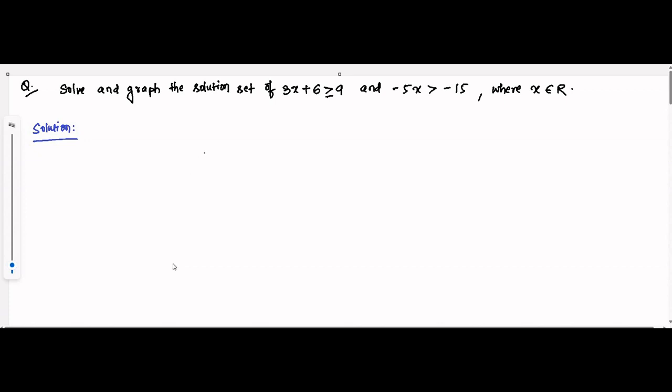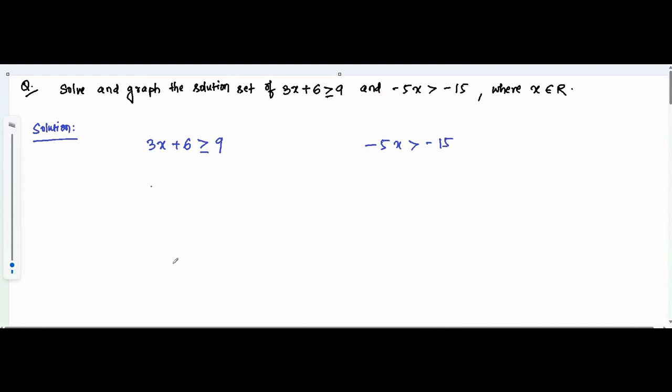So here directly it is given there are two linear inequations. The first one is 3x plus 6 greater than or equal to 9, and the second one is minus 5x greater than minus 15. So we'll solve them individually.